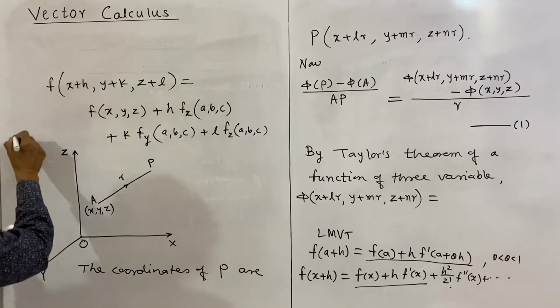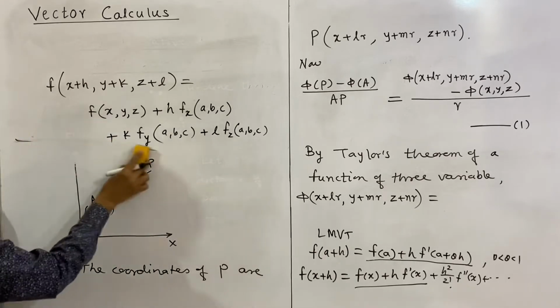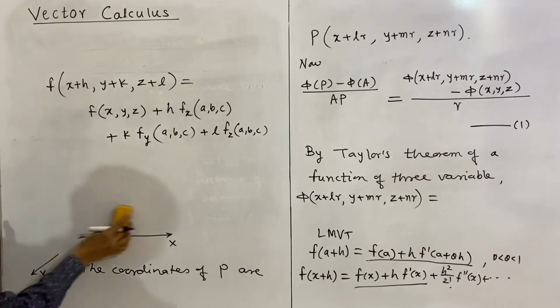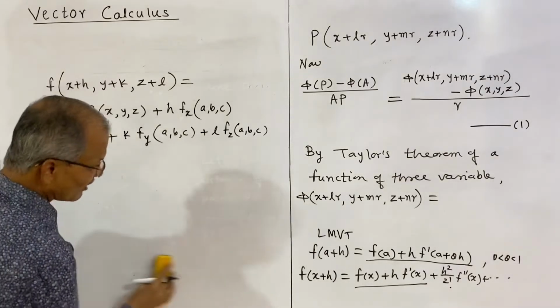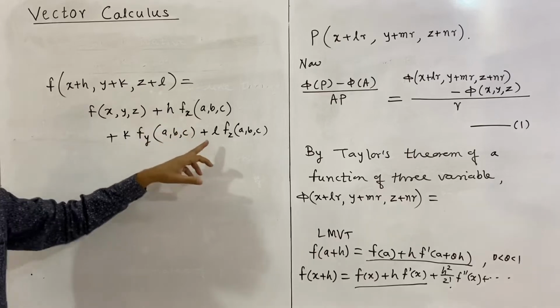And so this is the approximation form of Taylor's series, plus higher power terms of h, k and L.